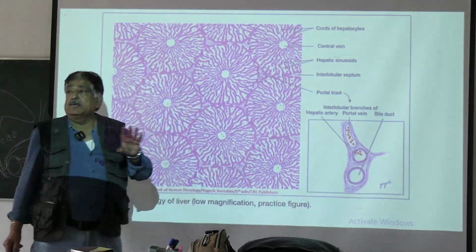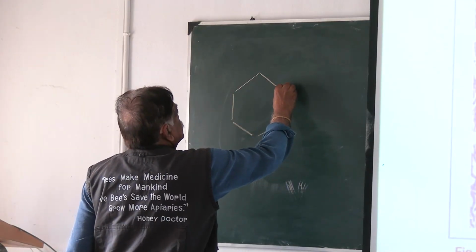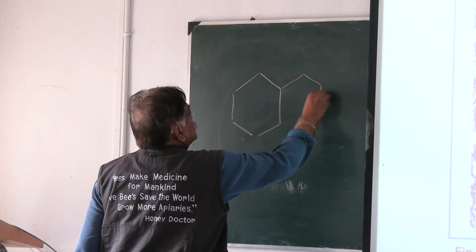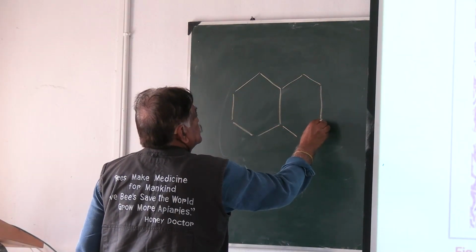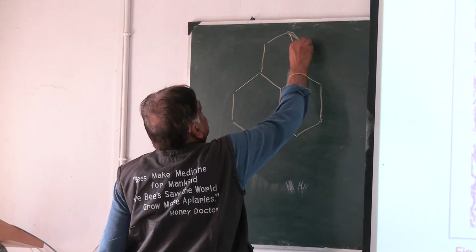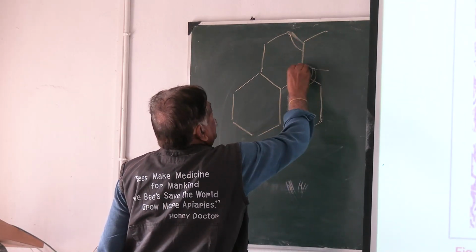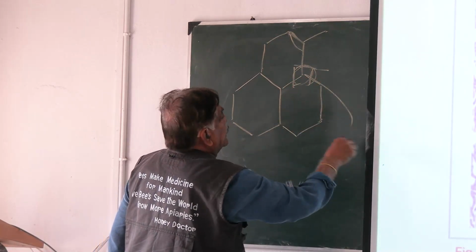You draw these hexagons, only one hexagon, or 3 hexagons, and put the portal triad as the main focus, just drawing lines like this. Then you will just focus. Now you draw that diagram here like this.